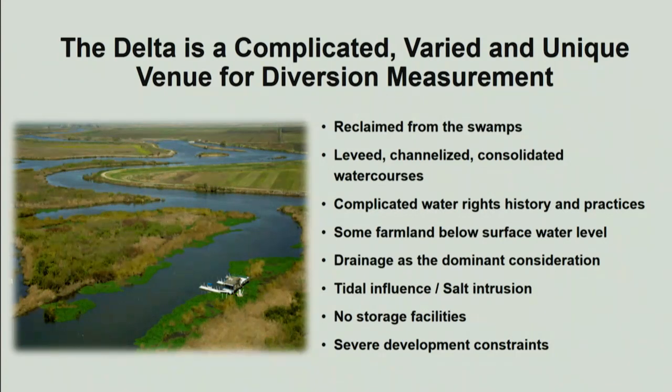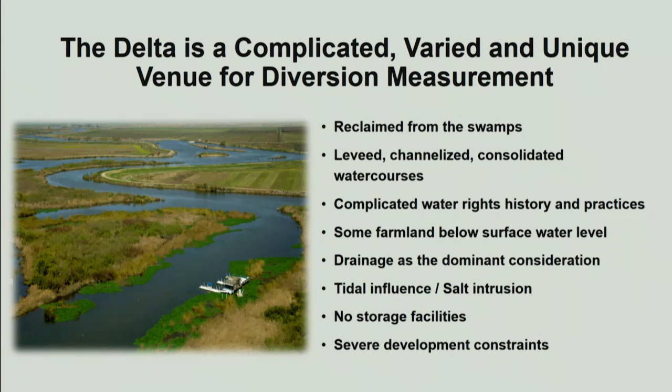A lot of the problems that we face are actually a result of governmental actions that were taken in the past. Back in the 1850s, reclamation of the swamps was a priority for the state and federal government, to get rid of the swamps and turn it into productive agricultural land. That obviously created a lot of the problems that we're dealing with today.